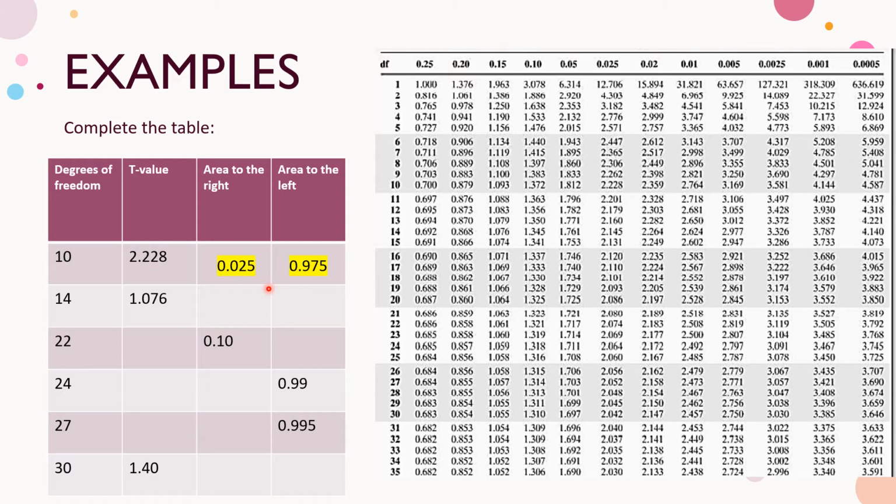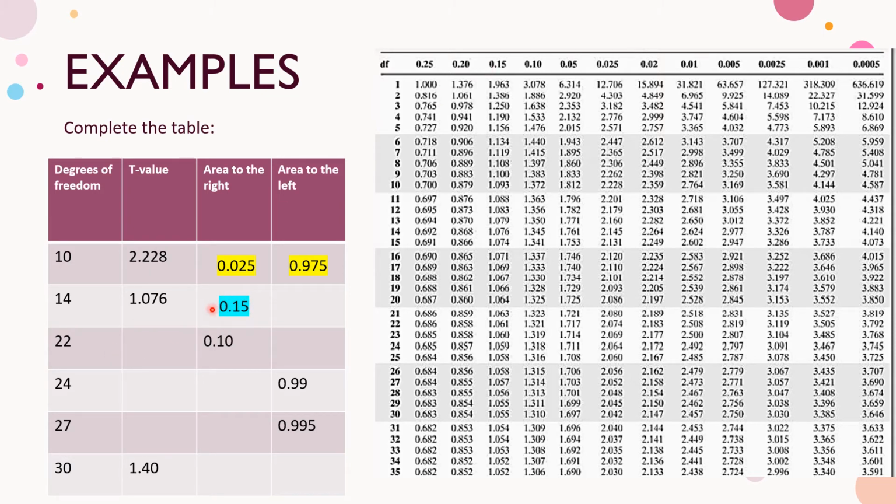Number 2, the degrees of freedom is 14, and the t-value is 1.076. So it's the same step. From the 14 degrees of freedom column, we find 1.076, which is in this area. And so the area to its right is given as 0.15.